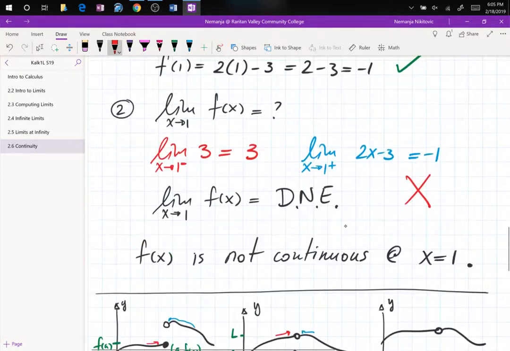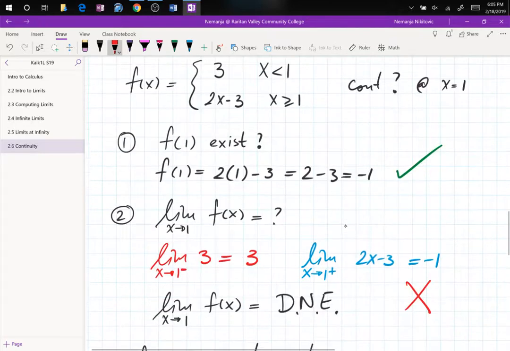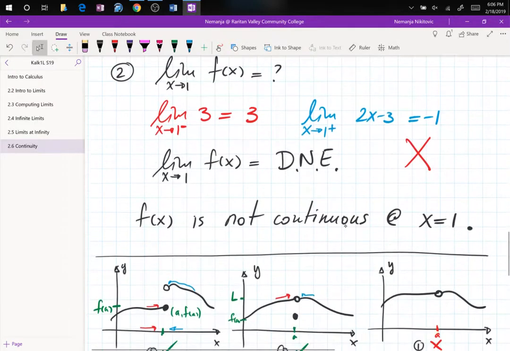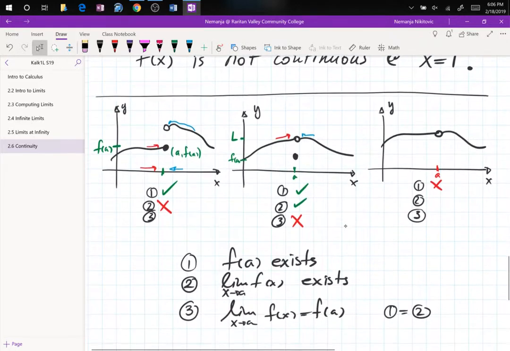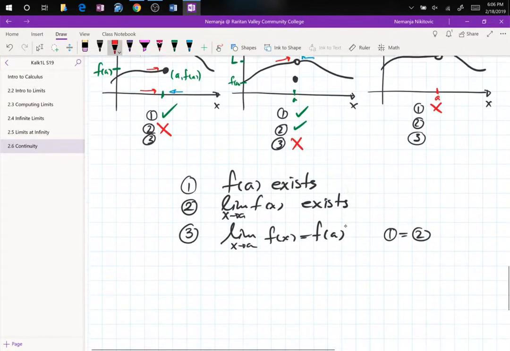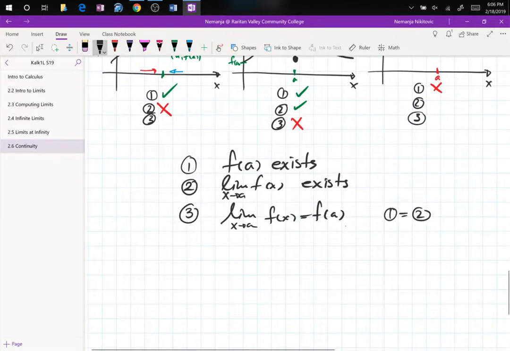And we have seen one of these ways here, which was with this piecewise function, the limit failed, right? The second one. So that was our first picture. So that piecewise function would graph something. Well, I mean, we can graph exactly what that. We had f of x was 3 for x less than 1.